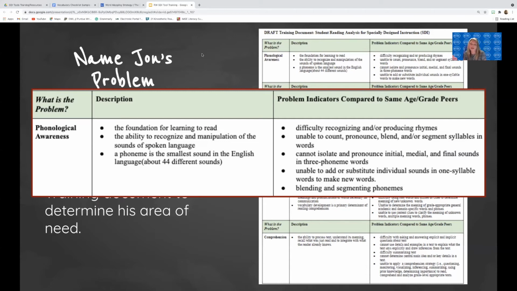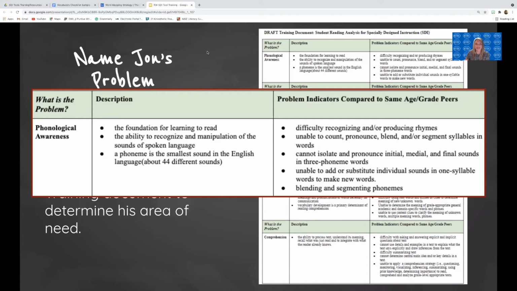So with him being in third grade, you're probably going to tend to want to go to that fluency, because with him already being in that grade level, those standards are pushing for him to do higher level reading.